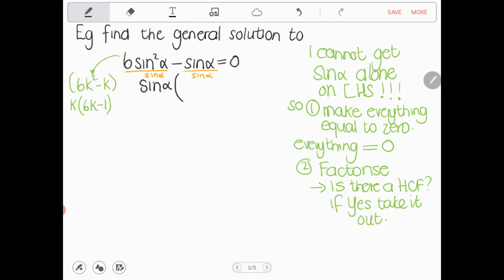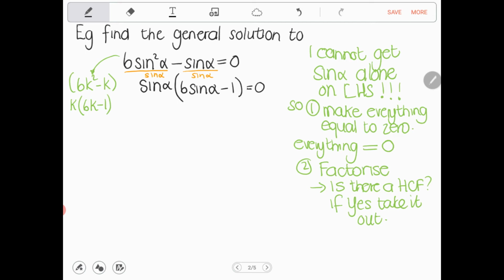All right, and then you can see that you're going to end up with a 6 and a sine alpha left in the first term and a -1 in the second term. Okay, if you want to use a k, you're welcome to, and then just go back and replace your k with a sine alpha so that we can keep solving.